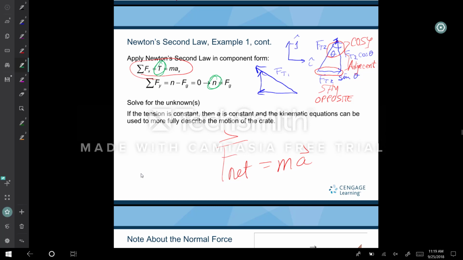Big T for tension and small n for normal force. It's commonly used, but I'm an uncommon person.